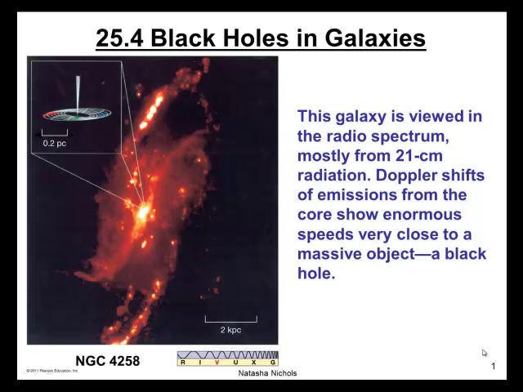Within the innermost 0.2 parsecs, shown in the inset, observations of Doppler-shifted molecular clouds, designated by red, green, and blue dots, show that they obey Kepler's third law perfectly and have revealed a slightly warped disk of rotating gas, shown in the inset as an artist's conception. At the center of the disk presumably lurks a huge black hole.